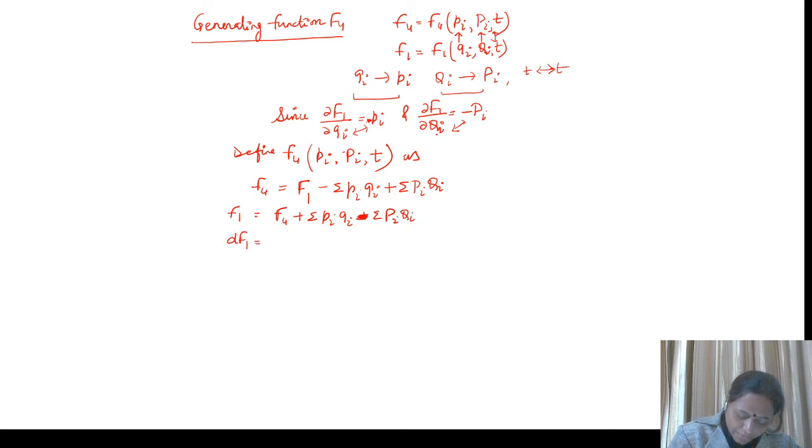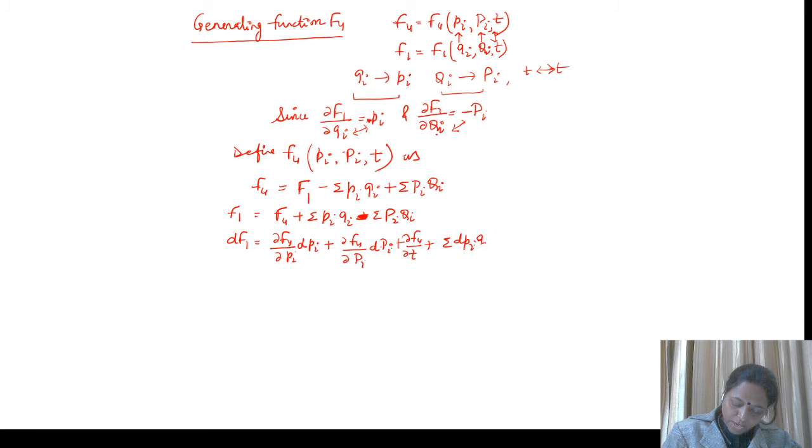Find dF1. dF1 is delta F4 by delta p_i dp_i plus delta F4 by delta capital P_i dP_i plus delta F4 by delta t dt, plus the derivative of small p_i q_i as such, minus the derivative of capital P_i Q_i as such, plus summation p_i dq_i.